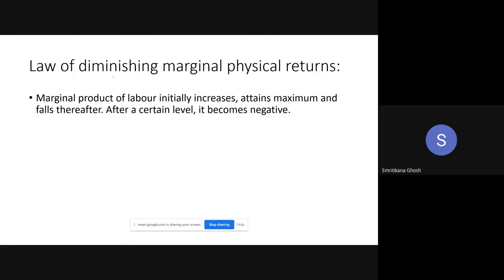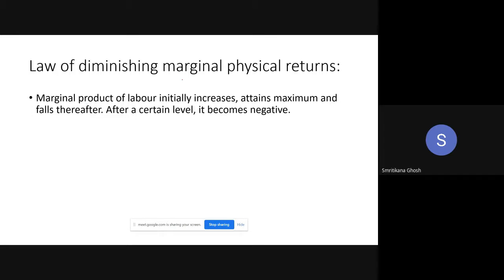So like that, when you employ more and more units of capital given the fixed amount of labor, MPK is also falling, and after a certain level MPK will be 0, and then MPK will be negative, because this is also following the law.